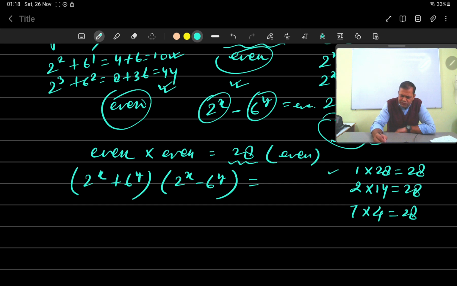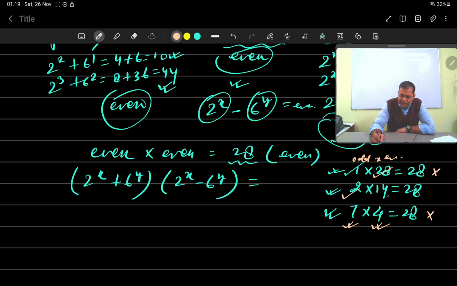Now see here, we need two even numbers in the left hand side. Here one is odd, but 28 is even, so this is odd multiplied by even, so this is not possible. This is also odd multiplied by even, so not possible.